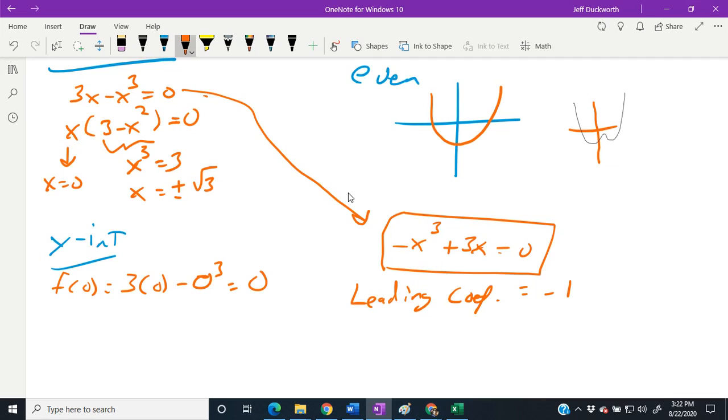And this means that instead of it going from left to right, up from negative infinity to positive infinity, it's going to be the reverse. So instead, our end behavior is going to look more like this. And again, clearly this is a bad graph, since the intercept should be at 0, but hopefully you get the idea. So the end behavior will be decreasing. The function will be decreasing, and this cubic will be decreasing.